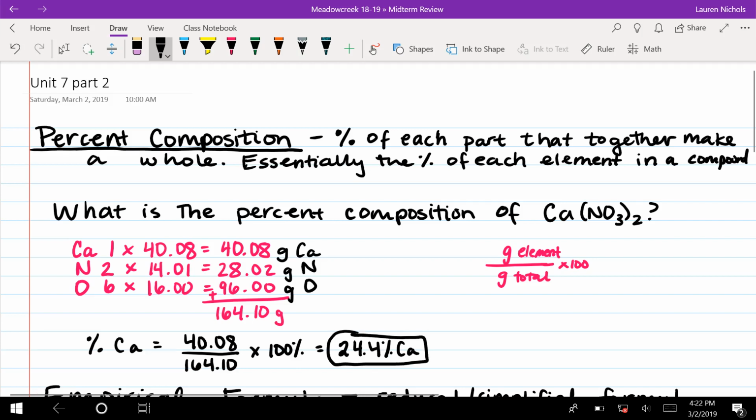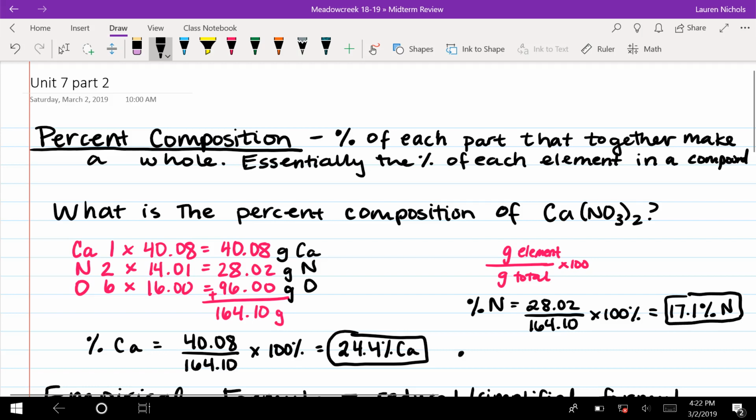Okay, and we can do the same thing for nitrogen. We can say, okay, percent nitrogen is equal to 28.02 divided by 164.10 times 100%, and that gives us 17.1% nitrogen.